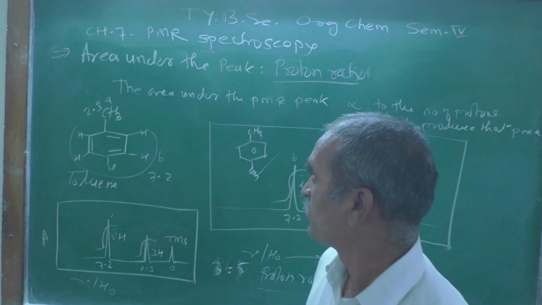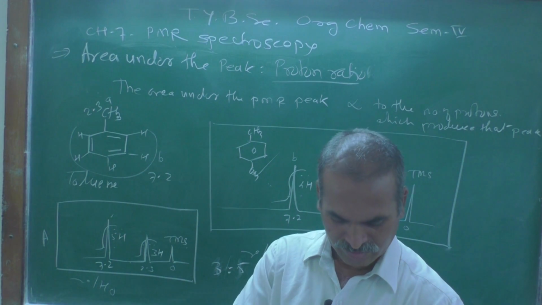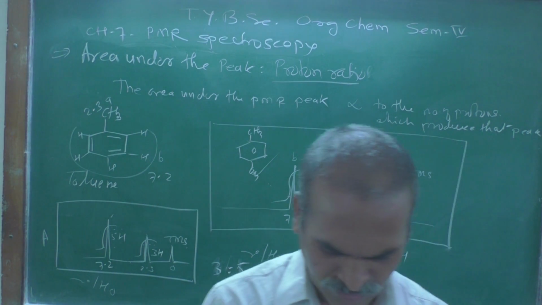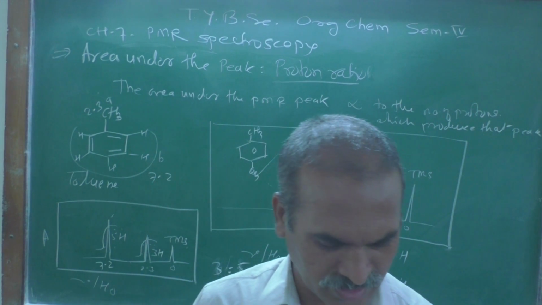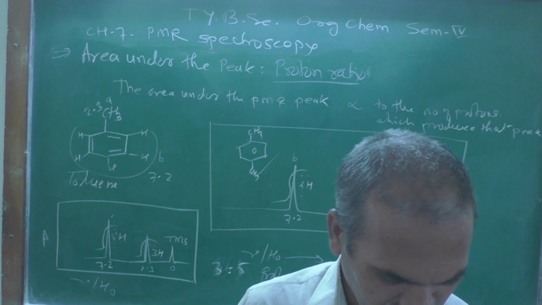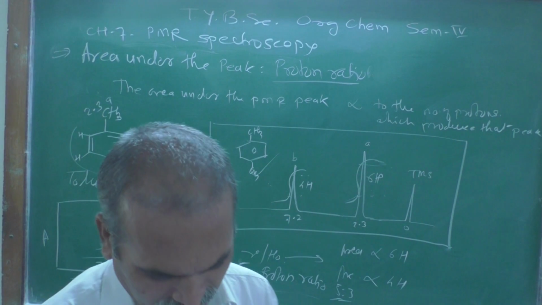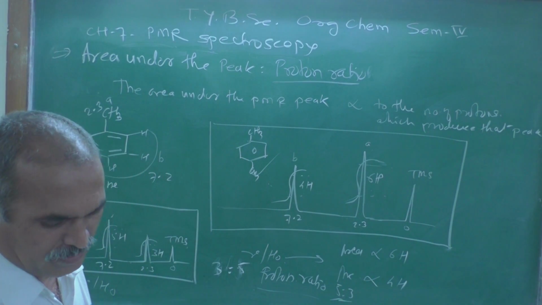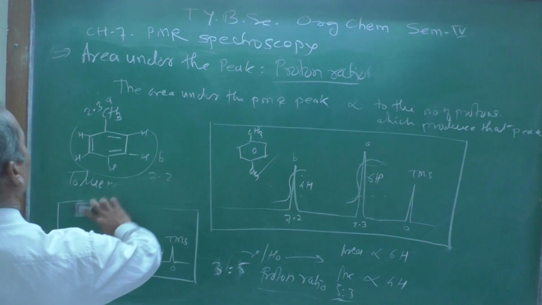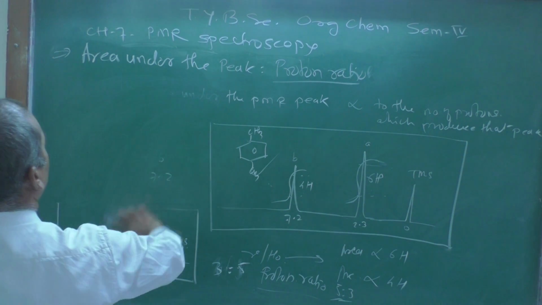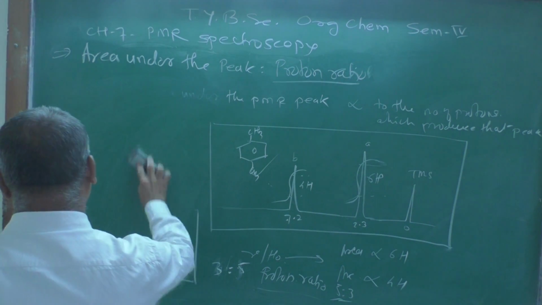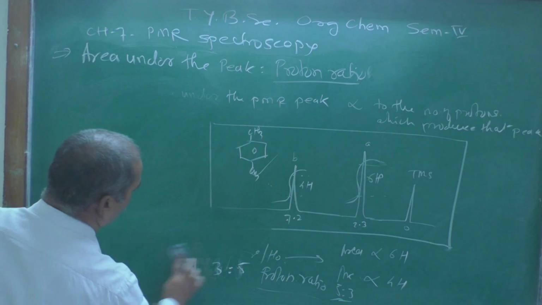Now the next point we are going to discuss is splitting: splitting of PMR peaks, or spin-spin splitting. Whatever we have seen so far concerns the area under the peak and proton ratio.